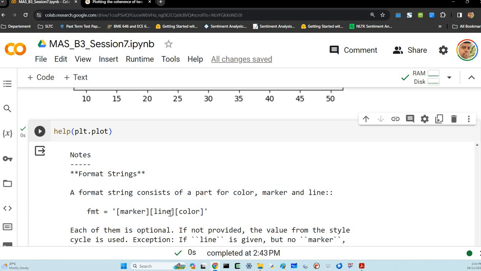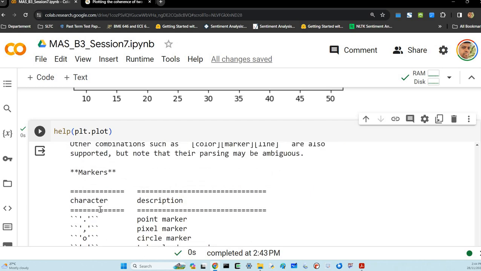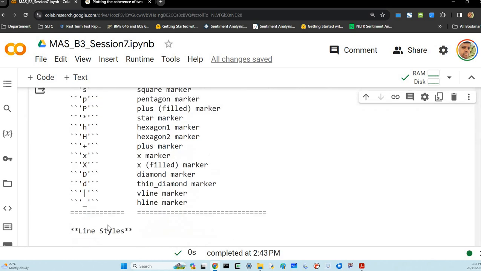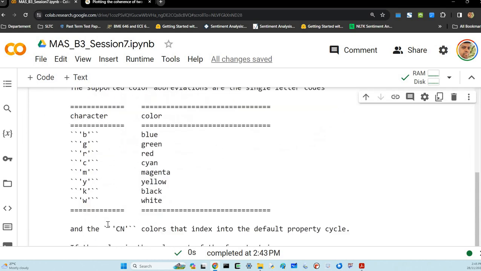Line, whether you are going to have a solid line or a dash line, which color you are going to use. So that can be done with FMT, right? So markers come like this. You can see these are the symbols we can use. These are the line types. Right? These are the colors. Okay, so everything is in the help.